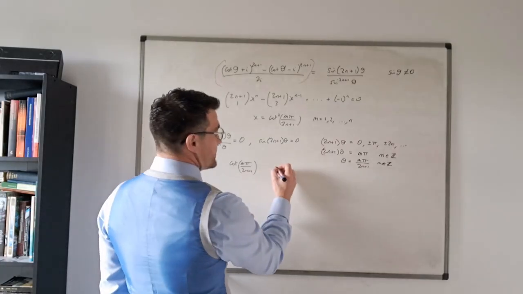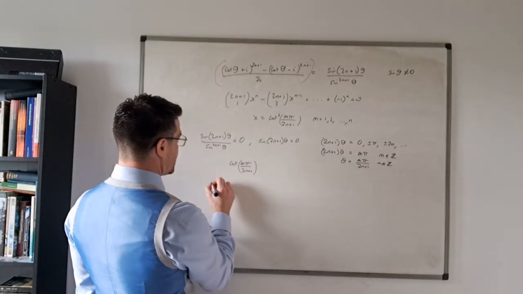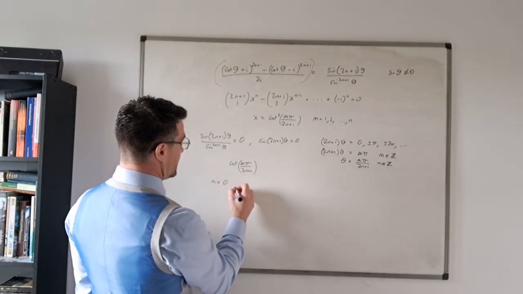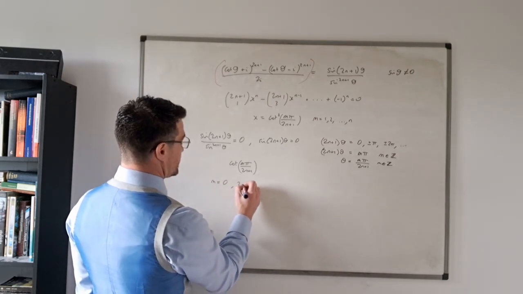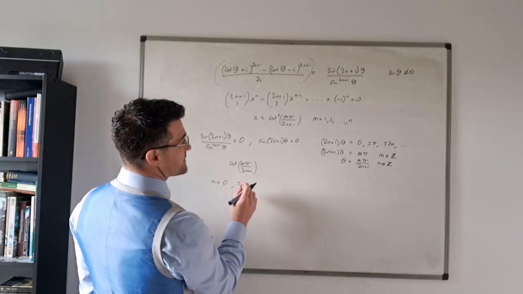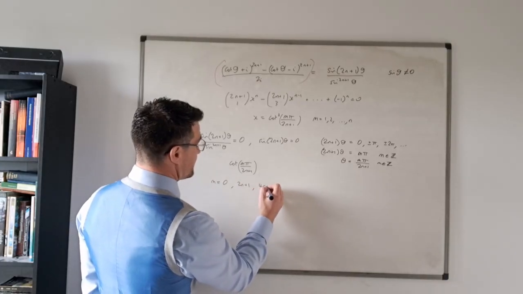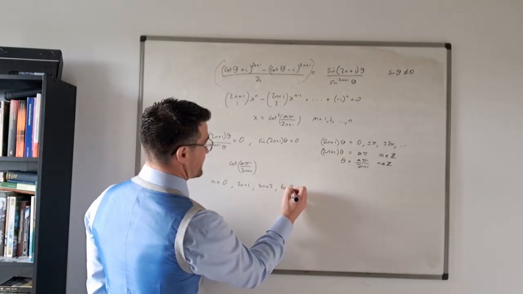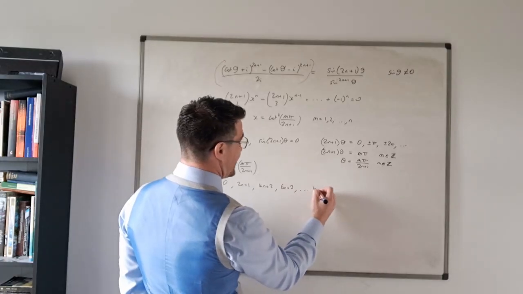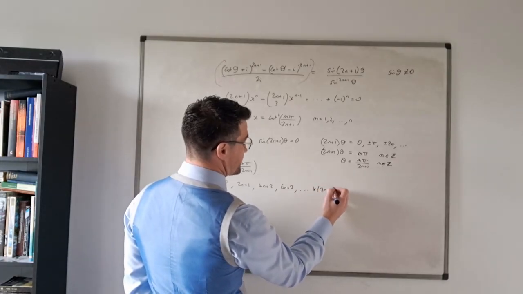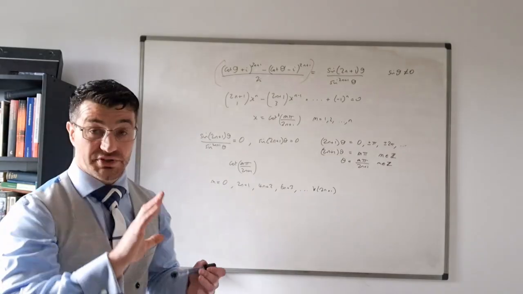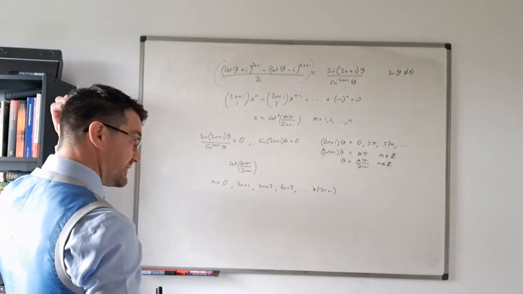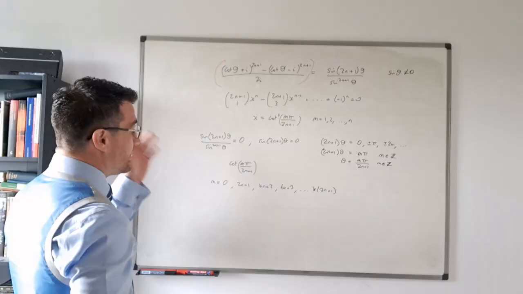So if m is equal to, let's say, 0, or it's equal to 2n plus 1, or 4n plus 2, or 6n plus 3, or in fact, k times 2n plus 1, where k could be a positive or negative integer. What happens?